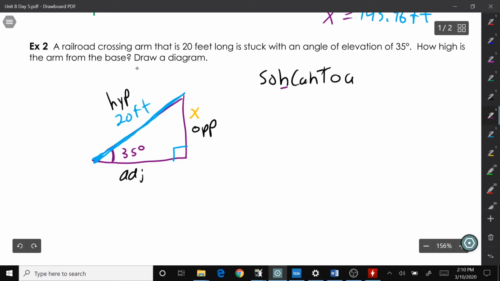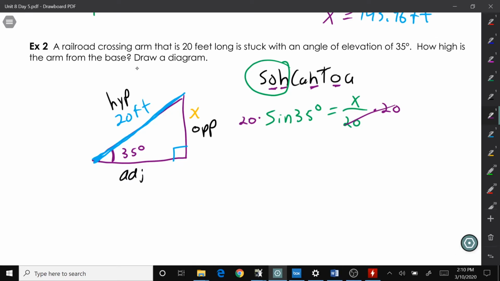We know the hypotenuse, and we're trying to figure out the opposite side. So sine of 35 degrees equals our opposite side over the hypotenuse, which was 20. We'll multiply both sides by 20. And then I have my calculator.